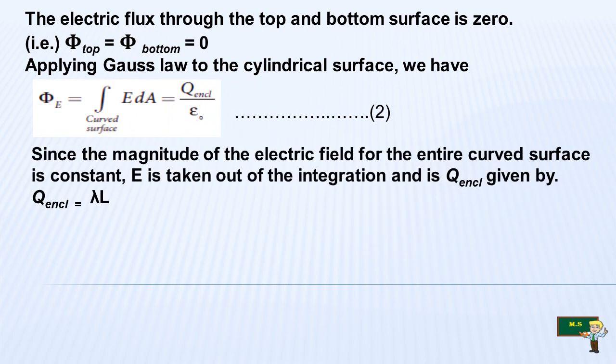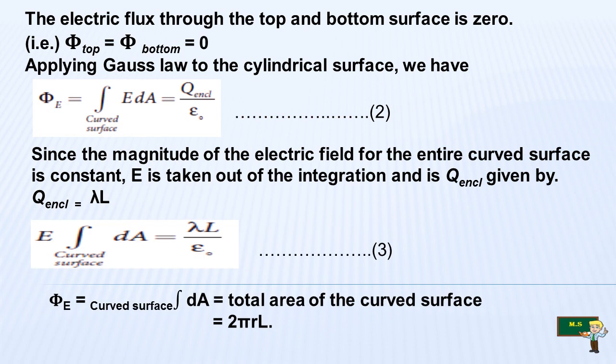Since the magnitude of the electric field over the entire curved surface is constant, E is taken out of the integration. Q enclosed is equal to lambda L, because it is a uniform linear charge density.